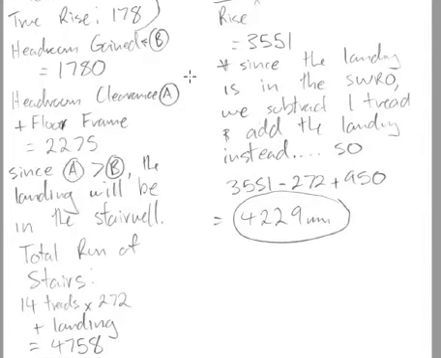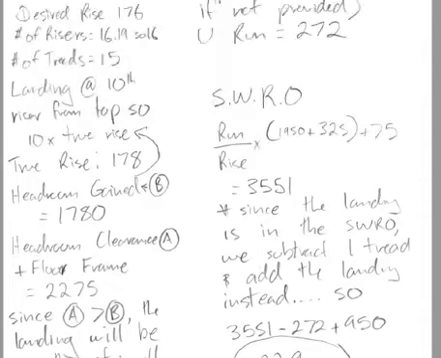So if you want to figure out how many risers are in the stairwell, you take that 529 and divide that by the unit run, which we have determined to be, I think it's at the top here, 272.